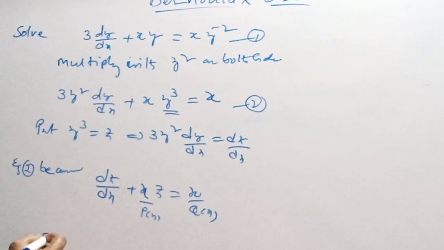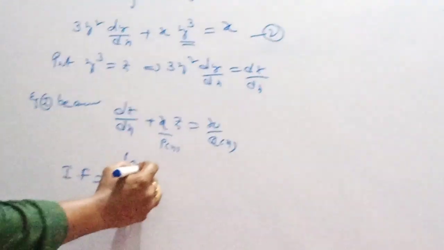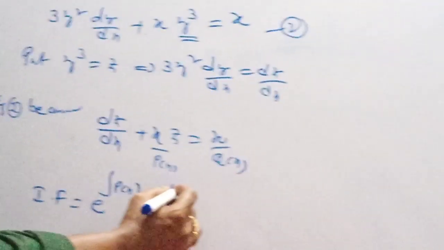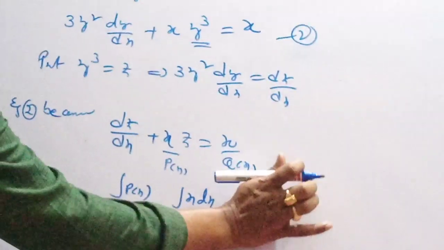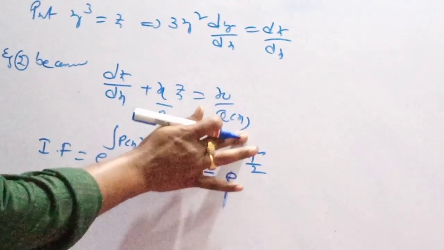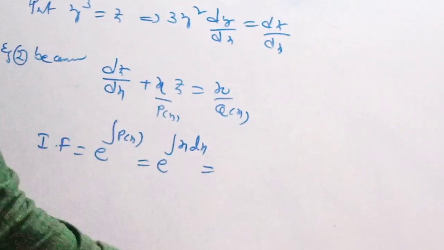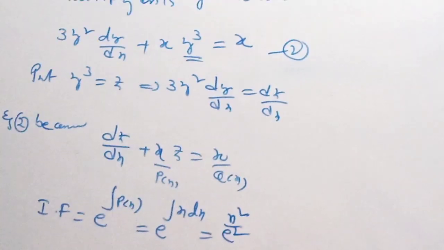So the integrating factor equals e to the power of integral of P of x, which is e to the power of integral of x dx, equal to e to the power of x square by 2. This is the integrating factor.